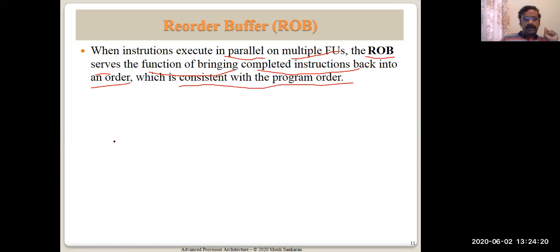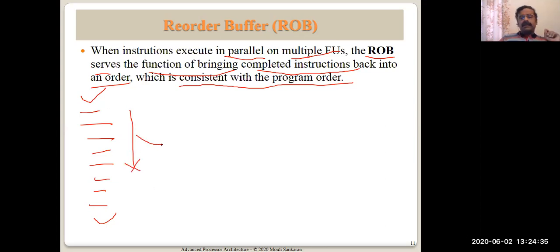So let me explain. We started off with a sequence of instructions in a basic block. That means between jump instructions, there is a set of instructions which are to be executed in the same sequence. They came into the system in the IF stage.